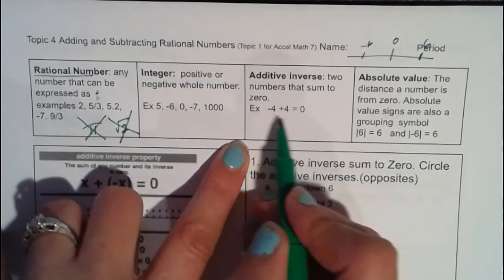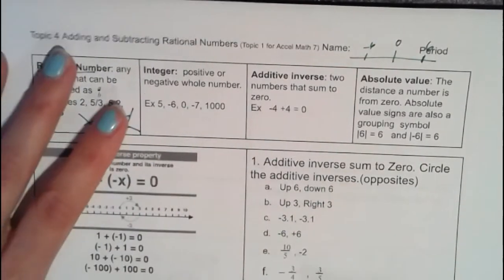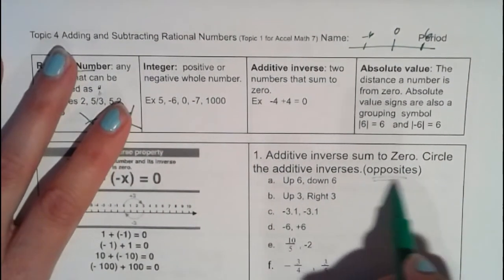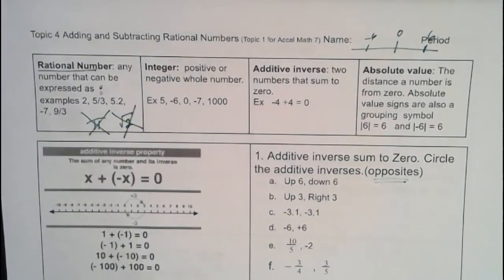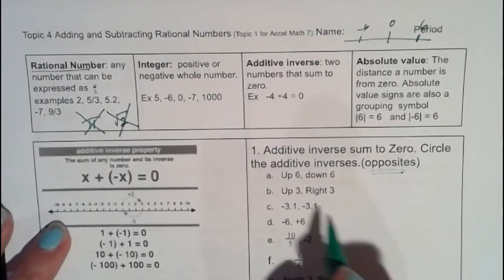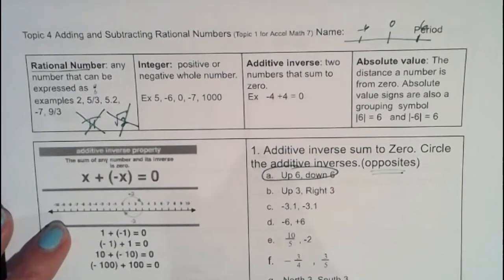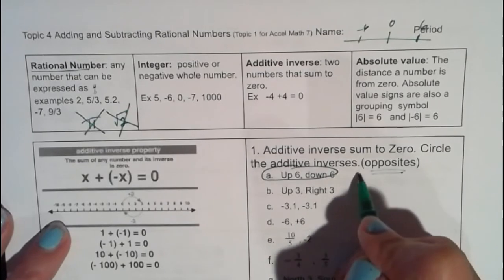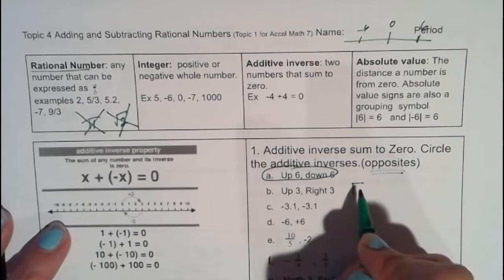Where these two are opposites. One's positive and one's negative. Looking at this concept of opposites or additive inverses, we're looking at things that would sum to zero. If you go up 6 and down 6, you would end up back at 0. If you went up 3 and right 3, you would not end up at 0.